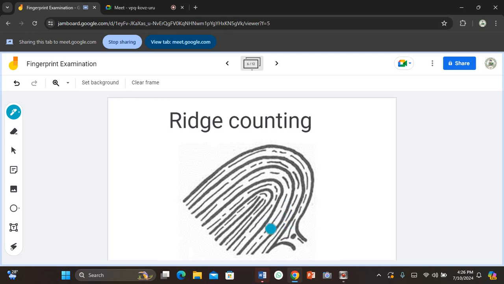Those fainted lines may be as a result of the real ridge, the main ridge, splitting or fraying away. So in that kind of situation, you don't count this faint line. You don't count it as a ridge. You count the thick one. So the thick one will be counted. You just leave the fainted one.